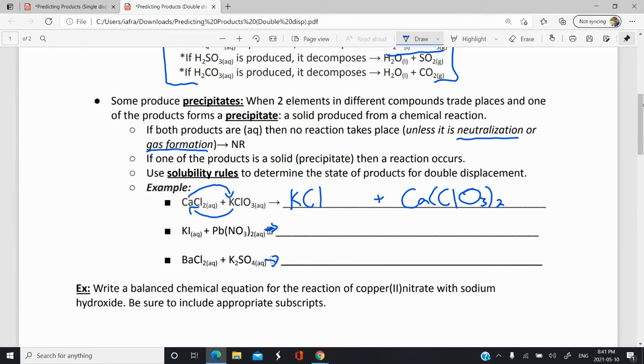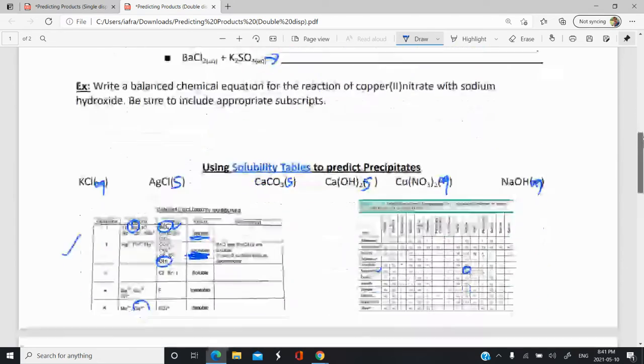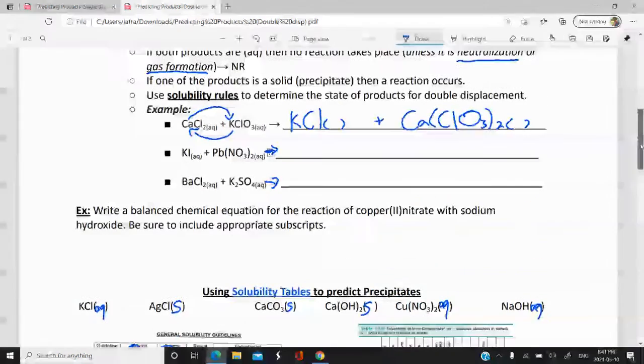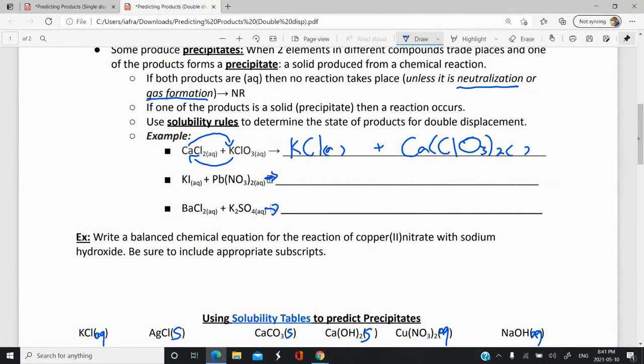And we need to find if these are soluble or insoluble in solution. So I'm going to go find KCl first. K's up here for soluble, and Cl is over here for soluble as well. So that's going to be aqueous there. Perfect. So the ions in solution swimming around are the K plus and the Cl minus.